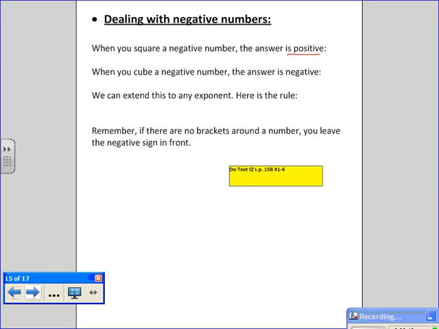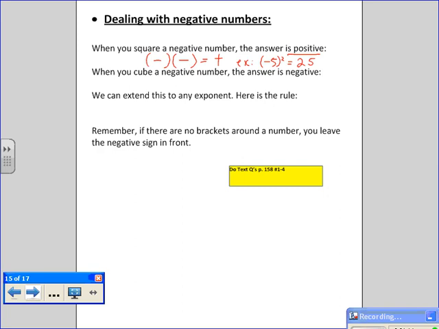Really what I want you to get from this is that a negative times a negative is always going to give you a positive number when you're using multiplication. So for example, negative 5 squared is negative 5 times by itself, and that's going to give me positive 25.